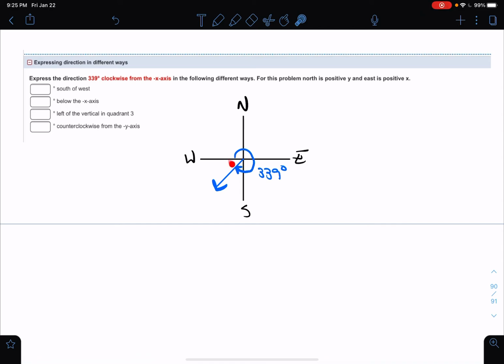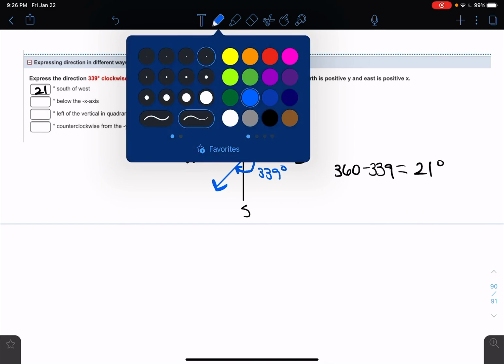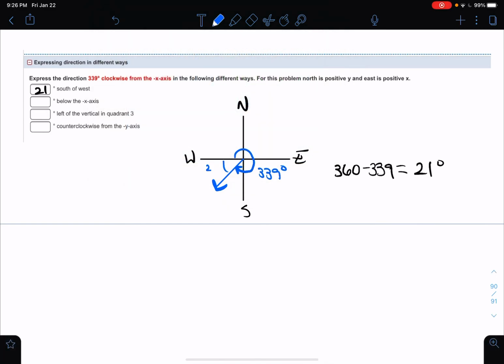So whatever is missing must be the difference between those two angles. So I know that 360 minus 339, which is 21 degrees, okay? So that's 21 degrees south of west. That's this angle right there, 21 degrees.